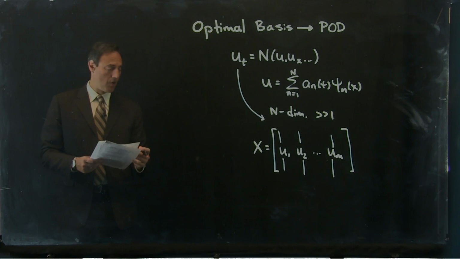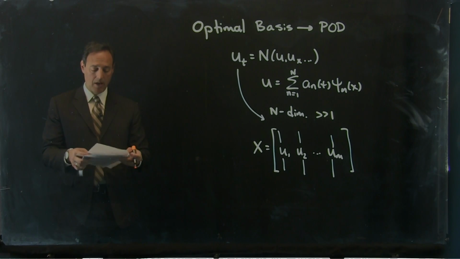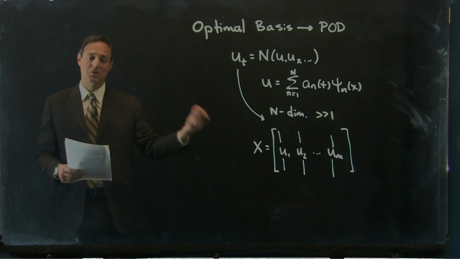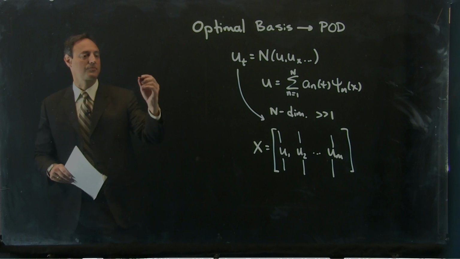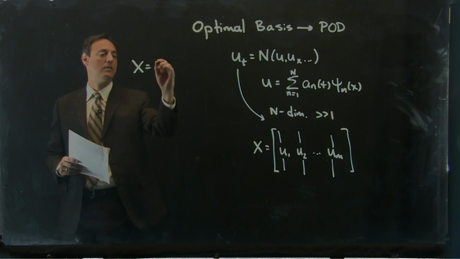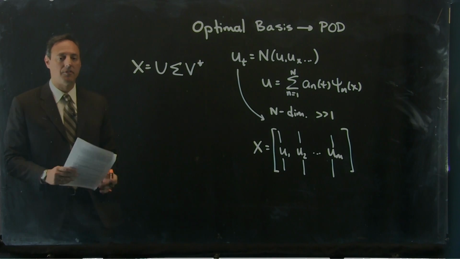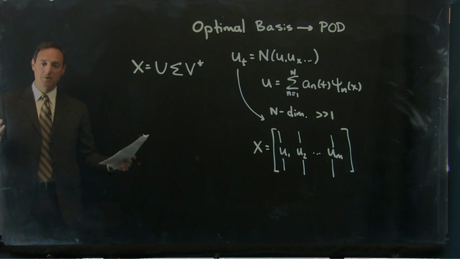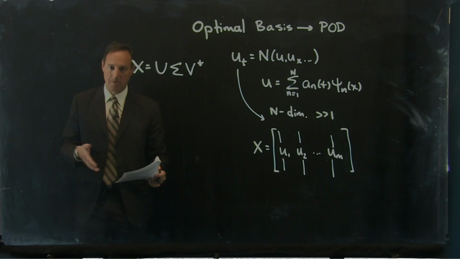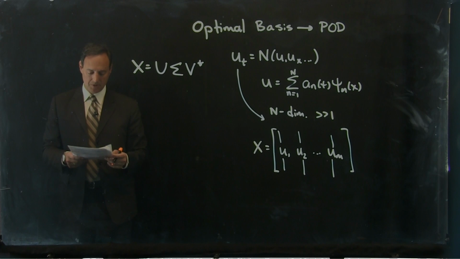So in collecting all those data and stacking them into my data matrix, I can now do our standard trick, which is to do a singular value decomposition on that data matrix. So now I'm going to decompose X into its singular value decomposition. And if you remember, we can always do a singular value decomposition, no matter what the data matrix X is. So there's my singular value decomposition of the data matrix.